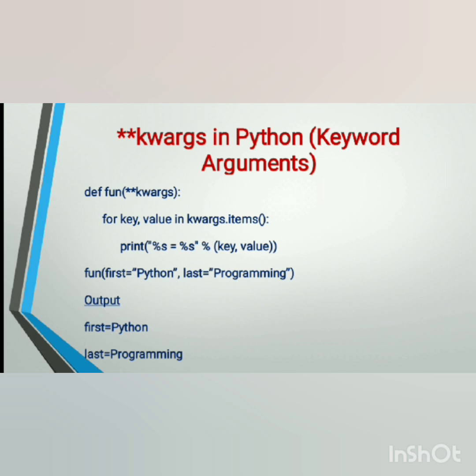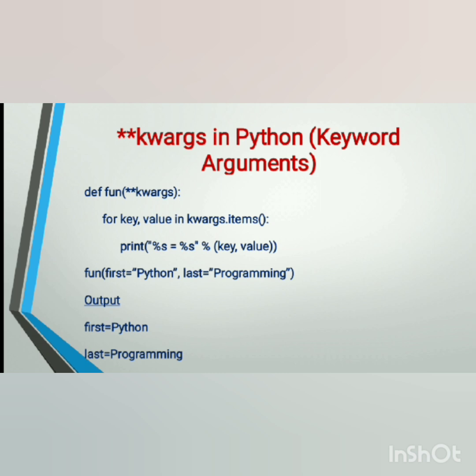How many arguments have I passed here? 2 arguments. But the argument values are passed along with the keyword. What is the keyword here? First argument keyword is first, and I have passed the value Python. Next keyword is last, and in this keyword I have passed the value programming. So now the control goes to the function definition.